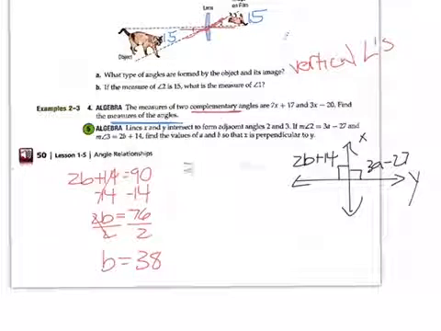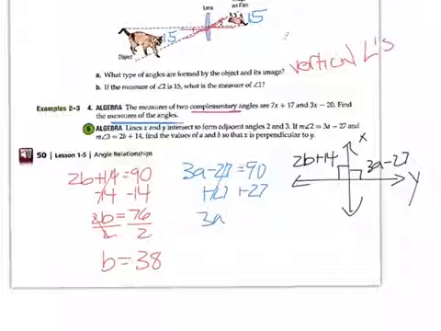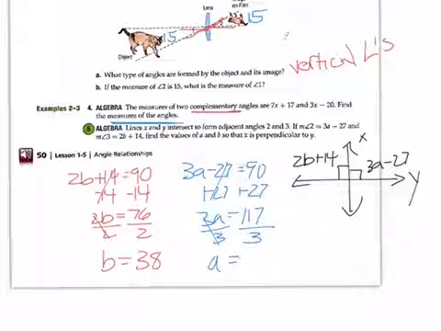Do the other one. 3a minus 27 equals 90. Add 27. 3a equals 117. Divide by 3. And we get a is 39. Okay.